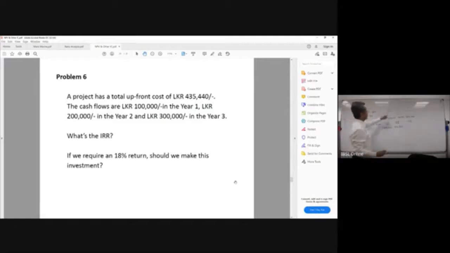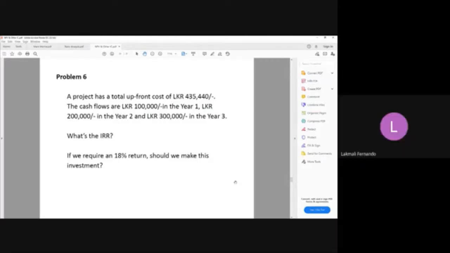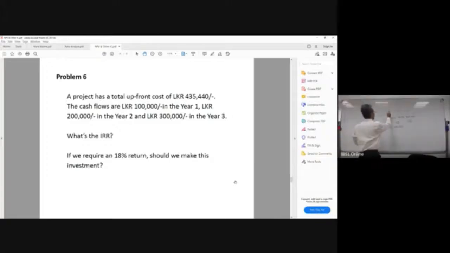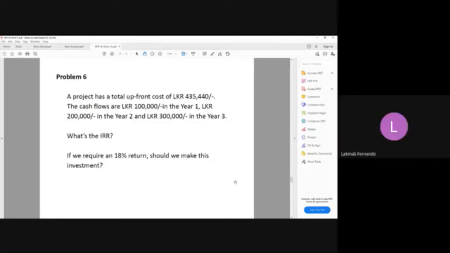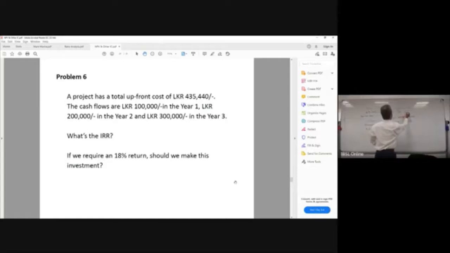It's a denominator, no? 1.1, power 1. For year 2? 1.1 to the power 2. Year 3? 1.1 to the power 3. Thank you very much.